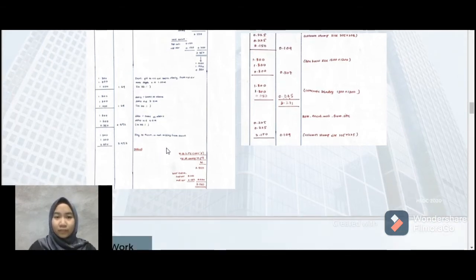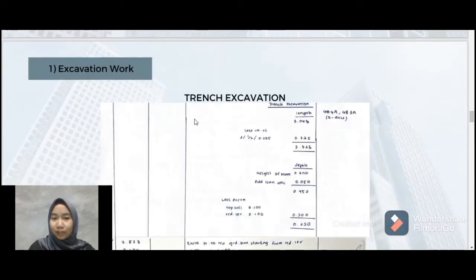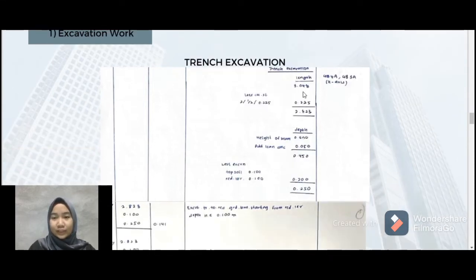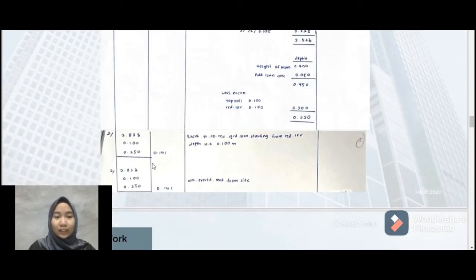Also, for the pit excavation, we have to deduct a value, which is for the soil that we do not need to use. Last, for trench excavation, we again use the length of beam and also the height of beam to calculate, and multiply by 2 because we have 2 sides.